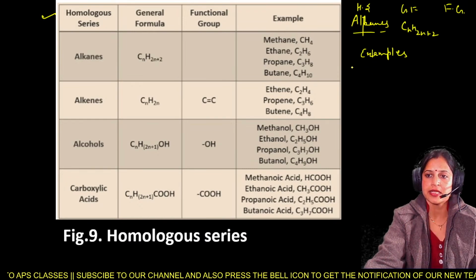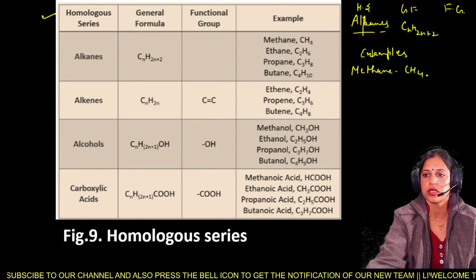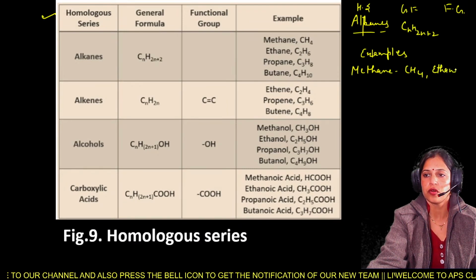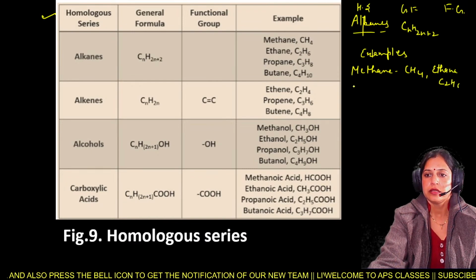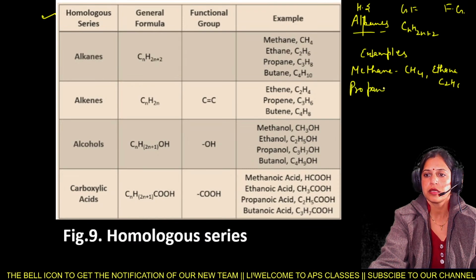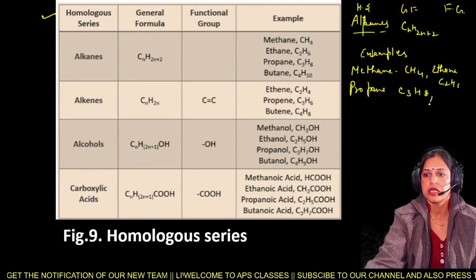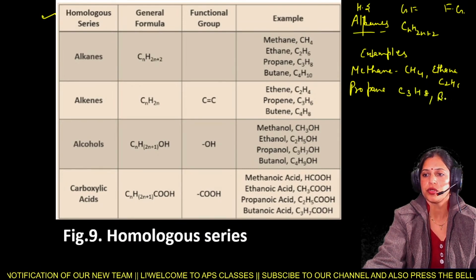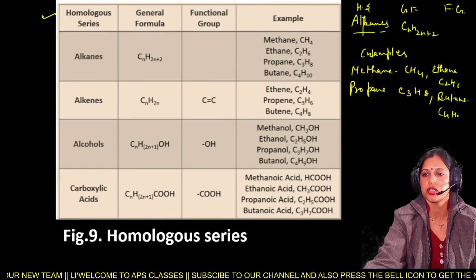Examples of alkanes are methane, CH4; ethane, C2H6; propane, C3H8; and butane, C4H10.